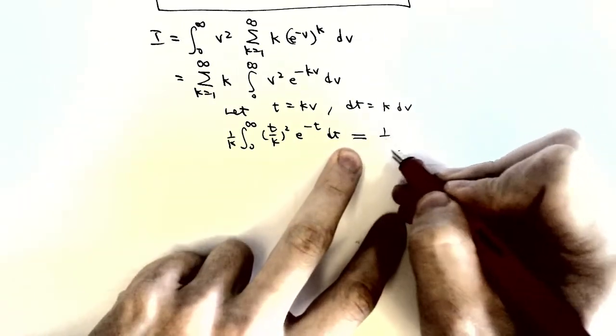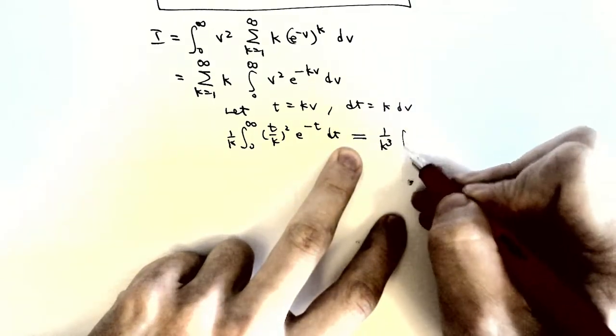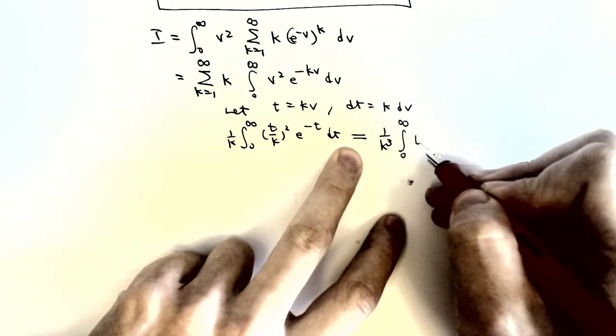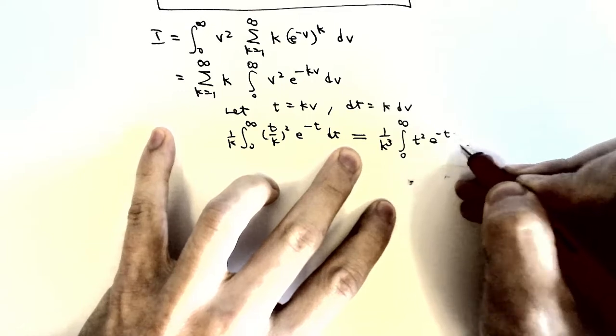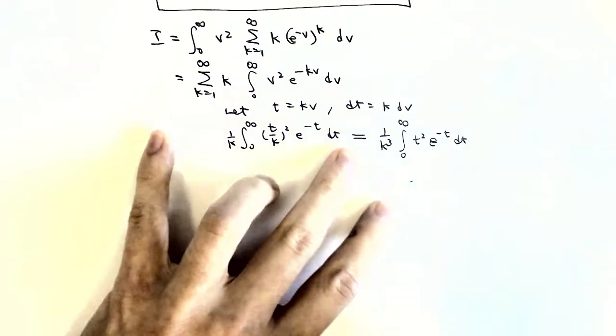After some simplification, we will have 1 over k to the power of 3 times the integral from 0 to infinity of t squared e to the minus t dt.